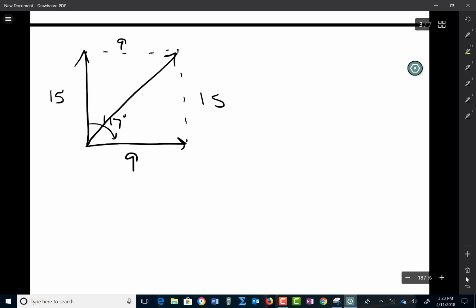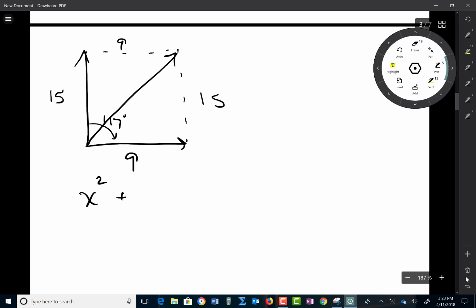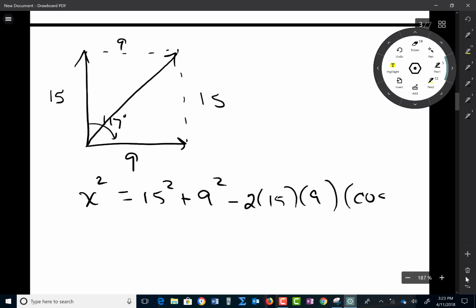So on that one, when I did my math, whoops, that should be an equal sign. Let me erase that. So x squared equals 15 squared plus 9 squared minus 2 times 15 times 9 times cosine.